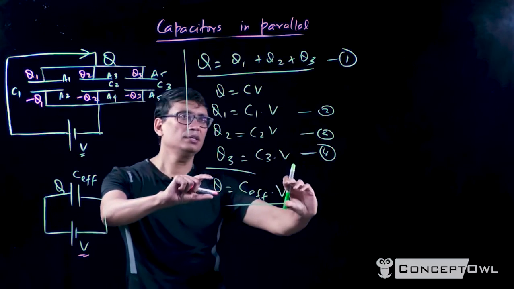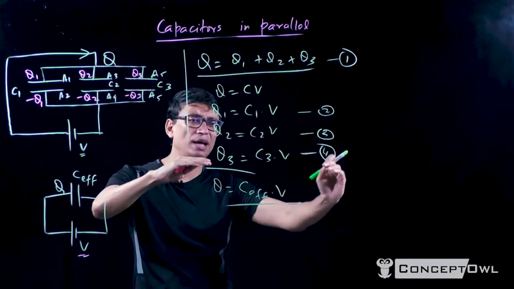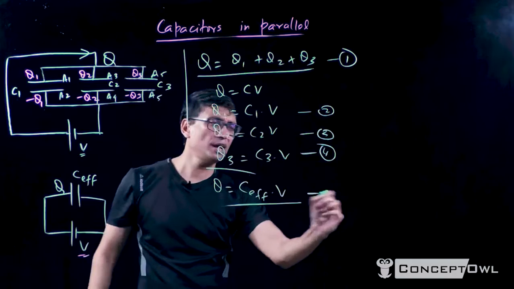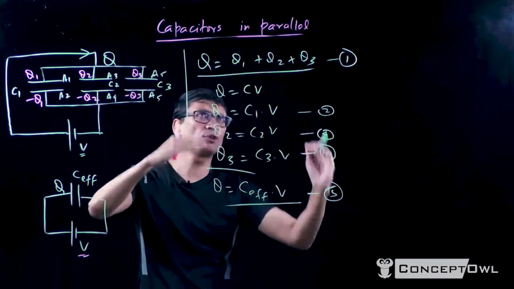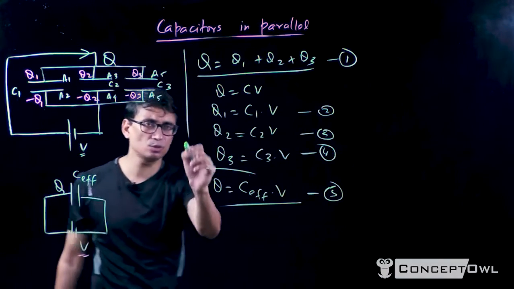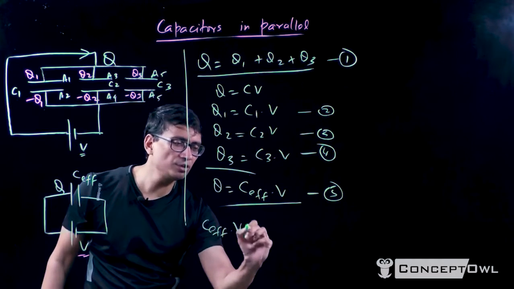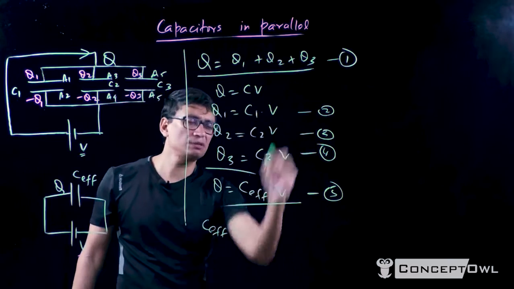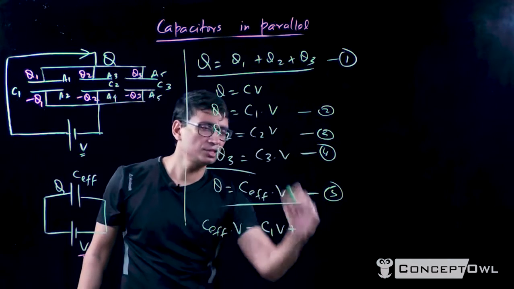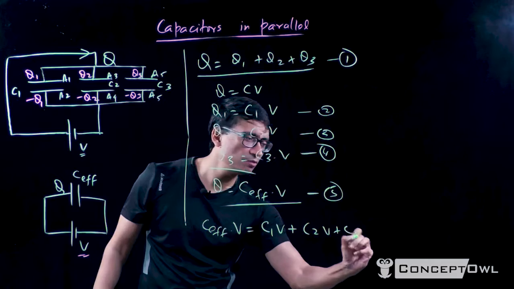Now just substitute equations 2, 3, 4 and 5 into 1. So what do we get? We get C effective into V is equal to Q1, which is C1V, plus C2V plus C3V, right?